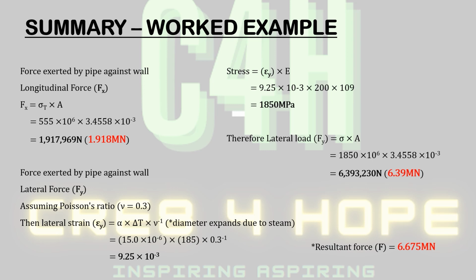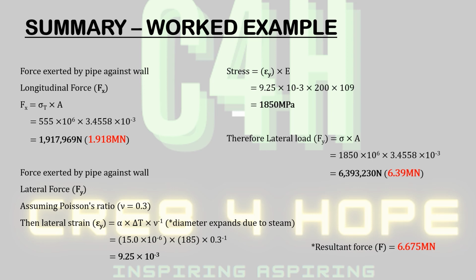But to keep things simple, we're going to introduce what's called the Poisson ratio, and I'm going to talk about that in a later series down the line. The Poisson ratio is basically the ratio of the lateral strain to the longitudinal strain. For this given material, we're more or less going to assume it to be 0.3.